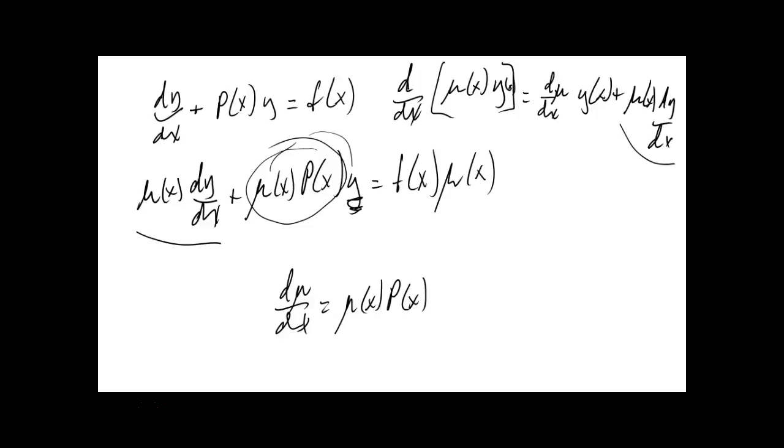Okay? Let's rewrite that slightly. D mu is equal to mu of x p of x dx. So let's integrate the mu and integrate this thing, right? Would that be a legal move? See, all I did was write this in differential form, right?